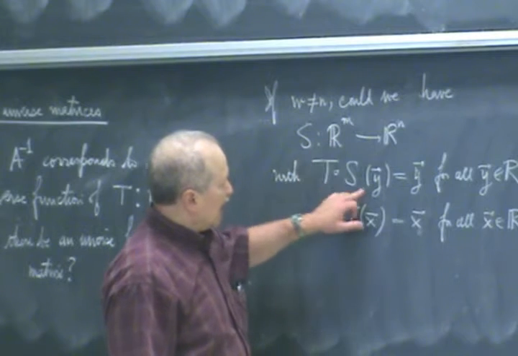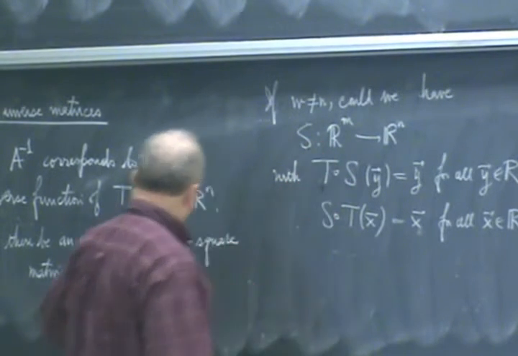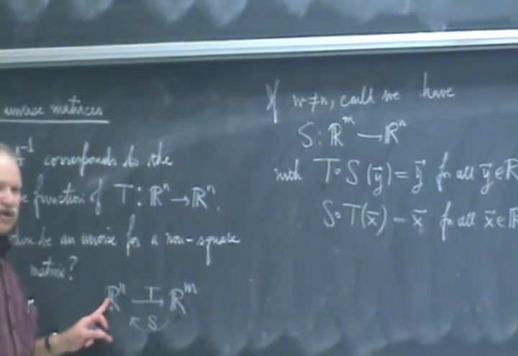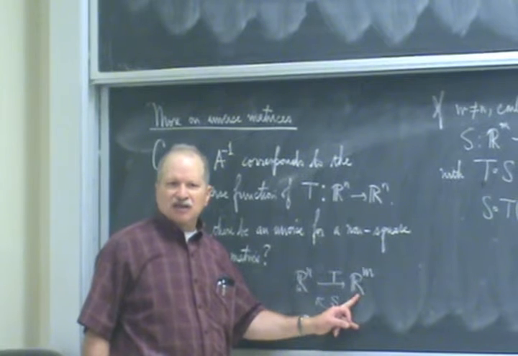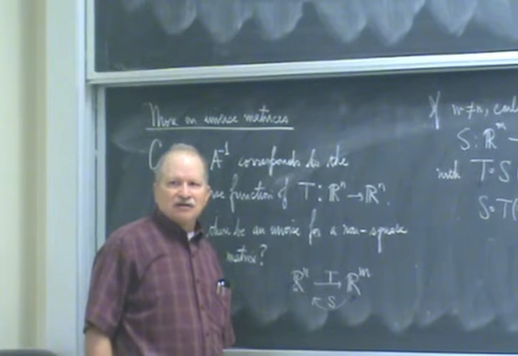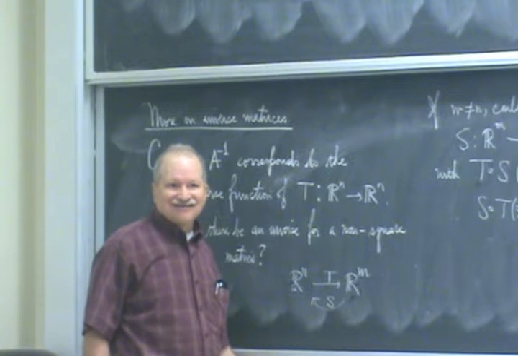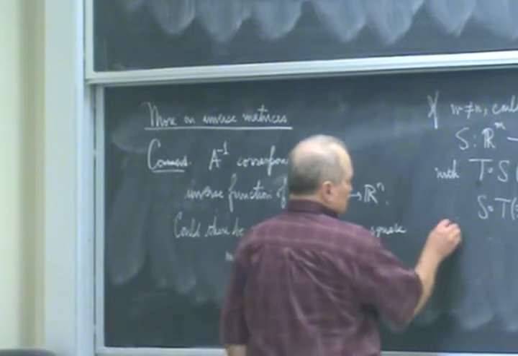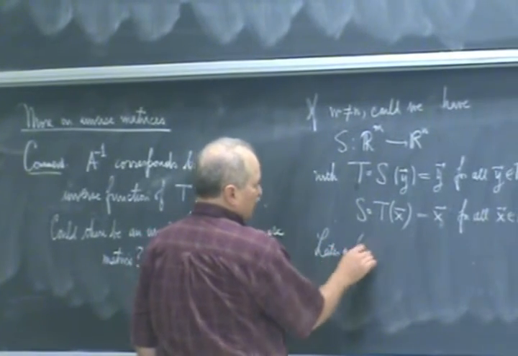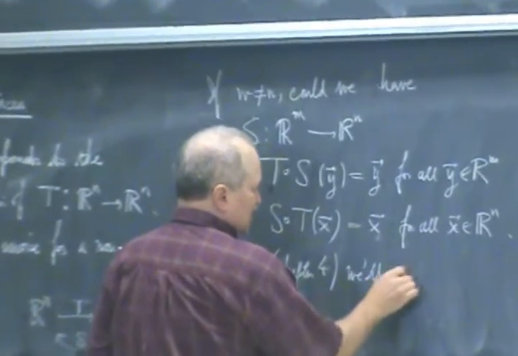You actually have to have the function T hitting everything in Rm, and no two things in Rn go to the same place. Do you think that can happen? Sure. Yeah. With m and n different? No. We don't have a means to prove that yet, but later on in chapter 4, we'll return to this.